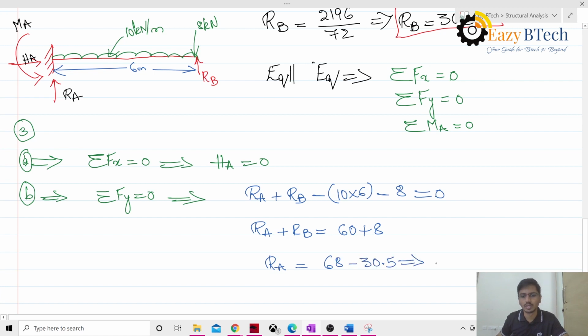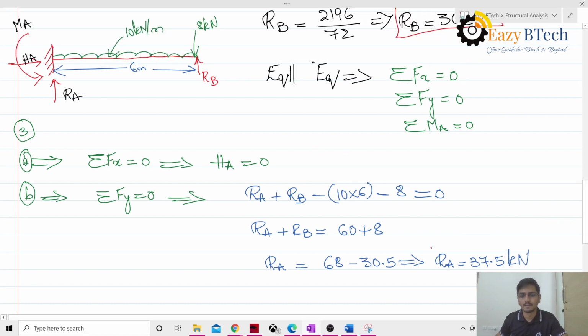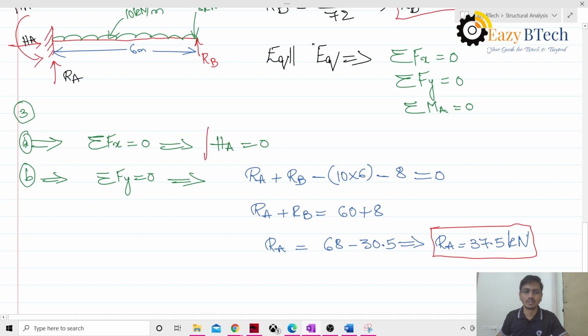So it gives RA equal to 37.5 kilonewton. And so this is my second reaction. The third reaction, HA, is also a reaction, that is 0.